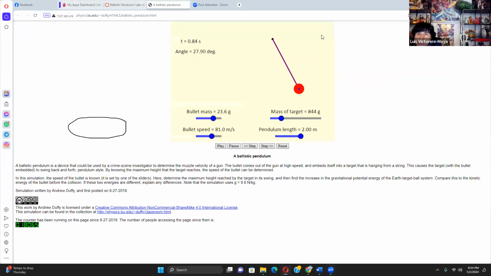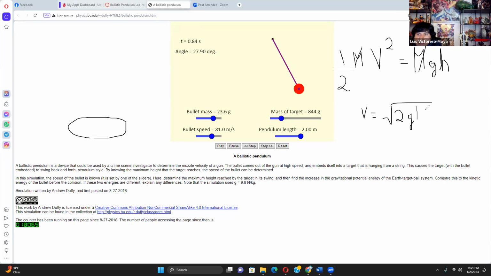By doing 1/2 total mass V squared equals mgh, where h was the height I showed you before. But the mass will cancel, so V will be the square root of 2g times h. What was h? L times 1 minus cosine theta.